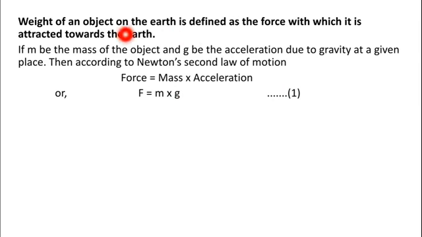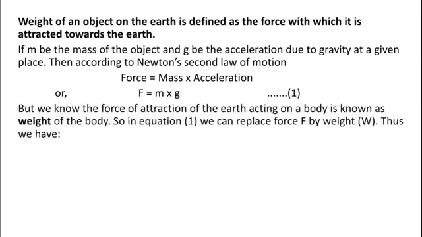Again students, here we have defined the weight of an object on earth as the force with which it is attracted towards the earth. So this is the force with which the object of mass m is attracted towards the earth. Hence we can say this force is equal to the weight of the object, and weight is represented by capital W. So in equation 1, we can replace the force F by weight W. Then what do we get?